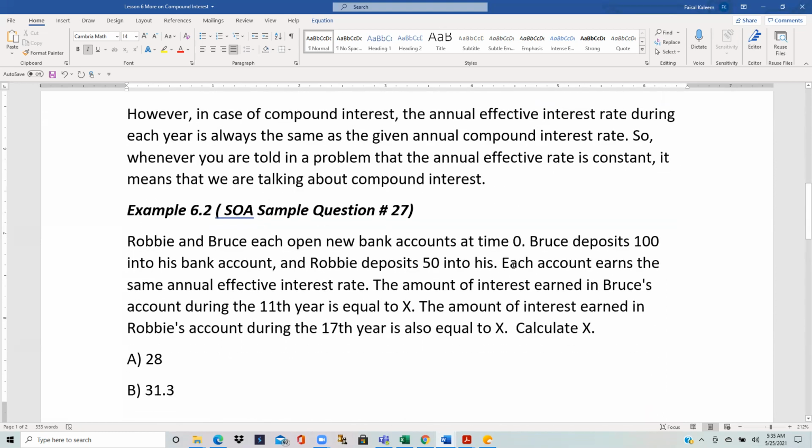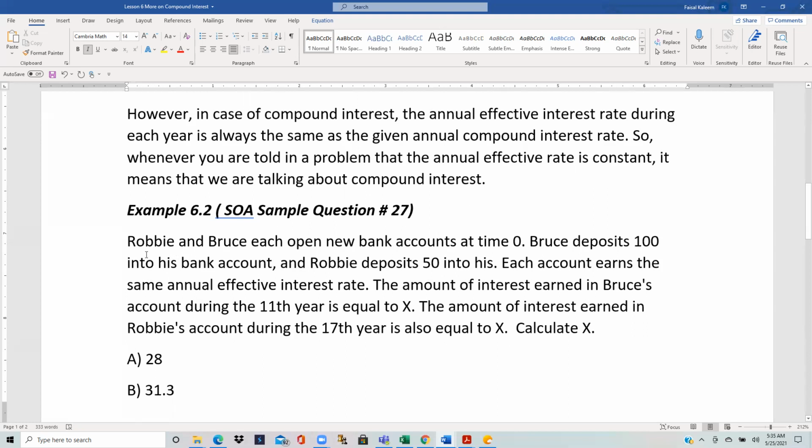Okay, so now we are finally ready to do our first SOA sample question in this course. It will not be sample question number 1 because we haven't yet developed the tools for it, but we have the tools for sample question number 27. So let's see.